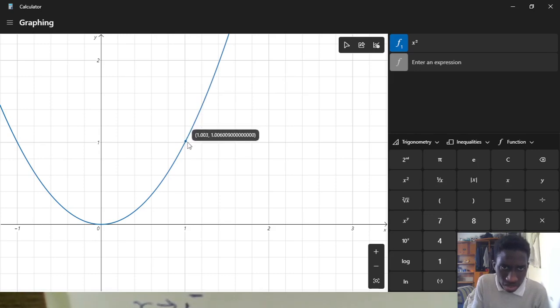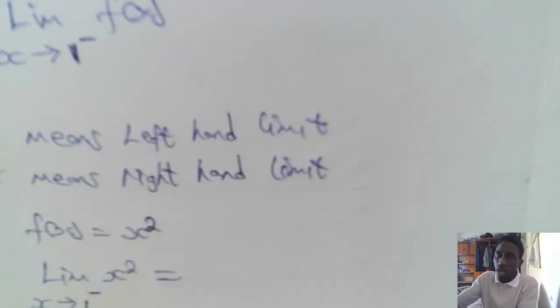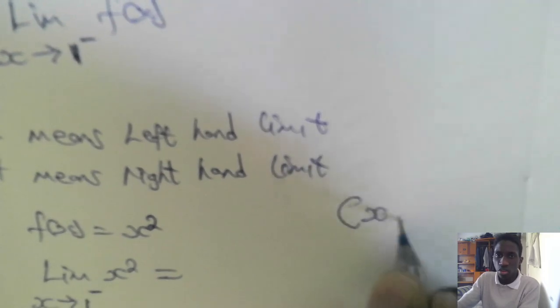We see the values of f of x, that is the values that you see on the right of the brackets there, because we have two brackets. So we have two values in the bracket, x comma y.